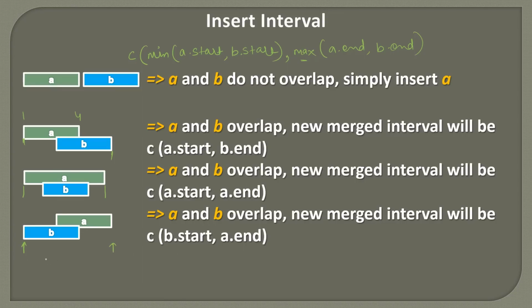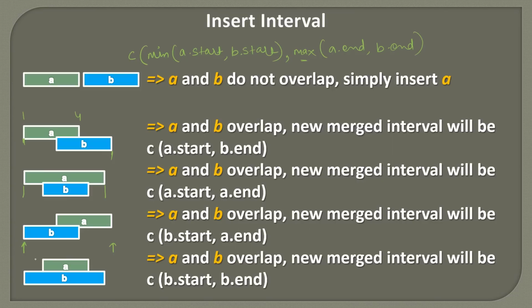So this would be the area of the C interval. And if B completely overlaps A, and we want to insert A, then by applying this formula, C start will become B start and C end will become B's end. So this is how we actually insert and merge the intervals together.